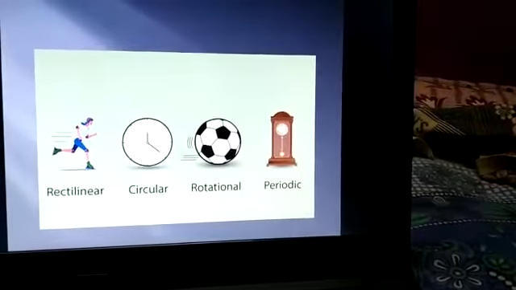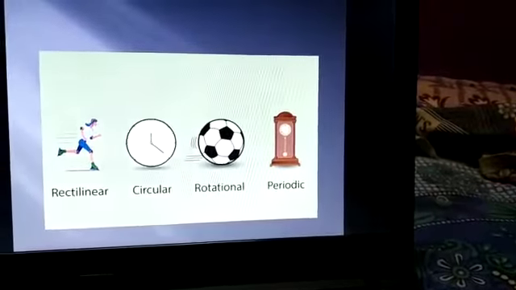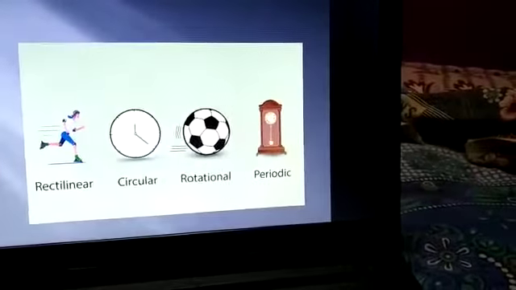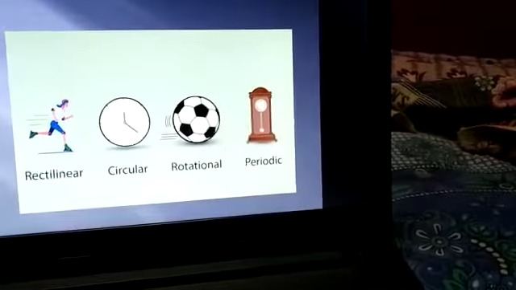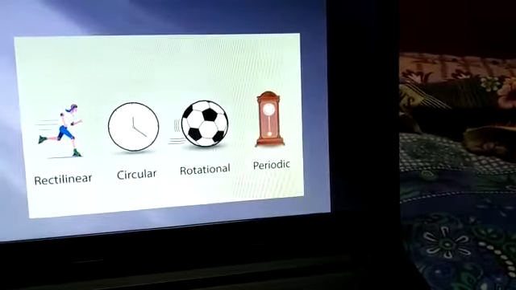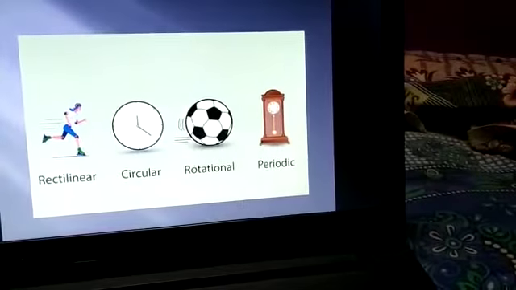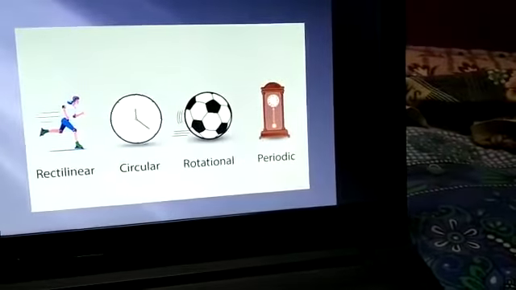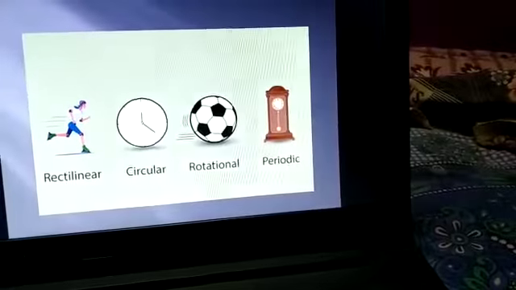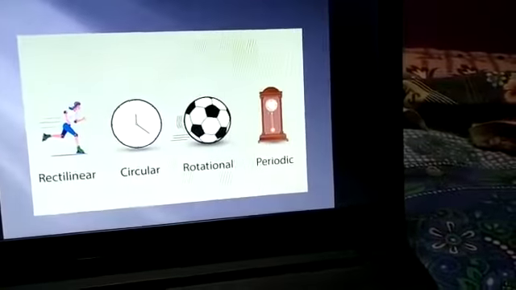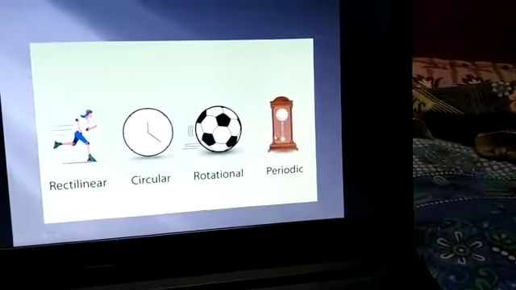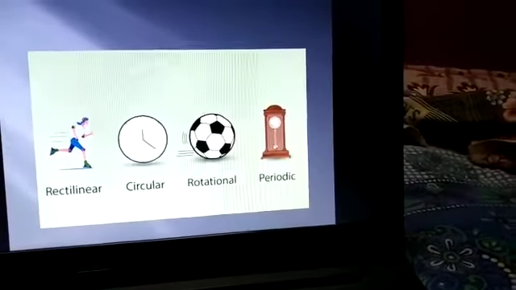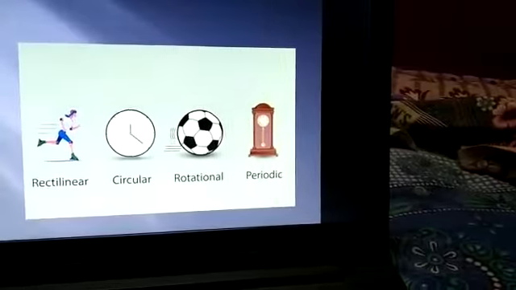In one simple line: rectilinear means a straight line motion, where one person is moving. Circular motion is where the hands of the clock are moving. Rotational motion rotates around an axis, for example a ball or a fan. Periodic motion is where a pendulum moves from one place to another place and back. We learnt this last year.